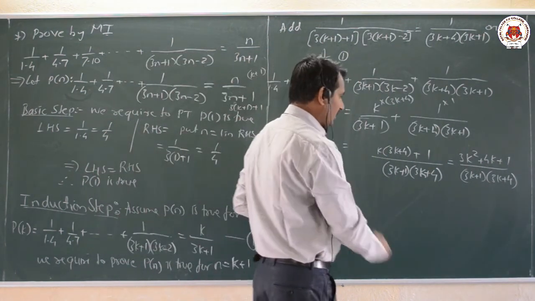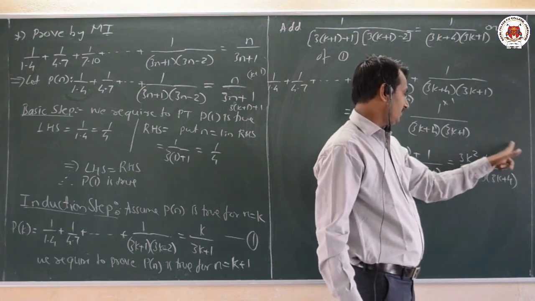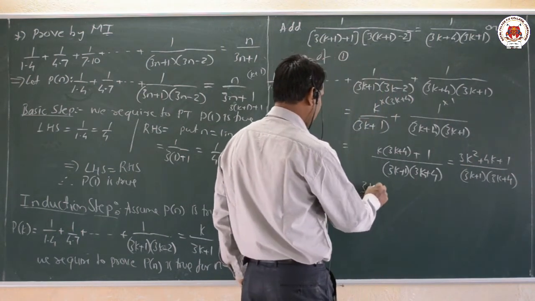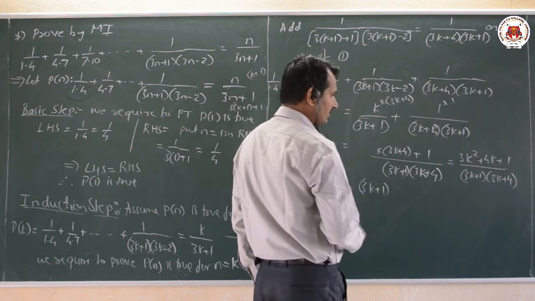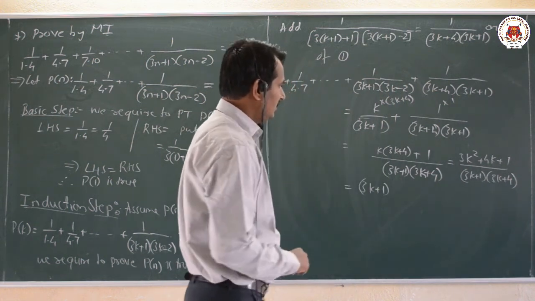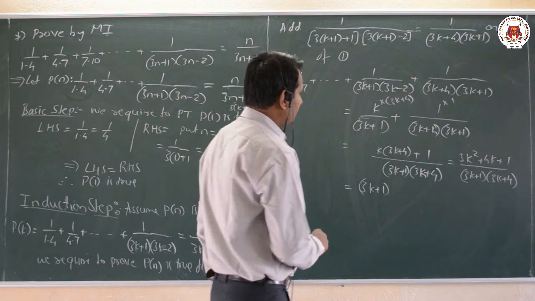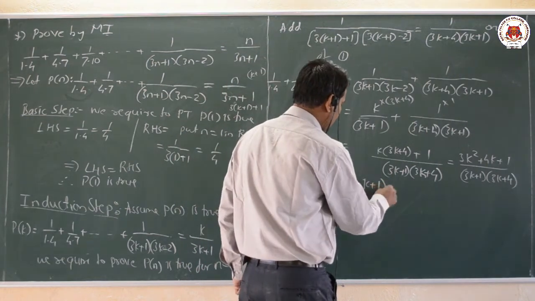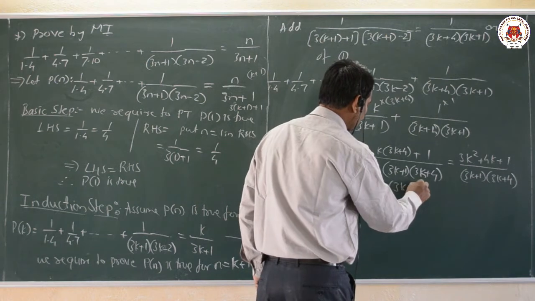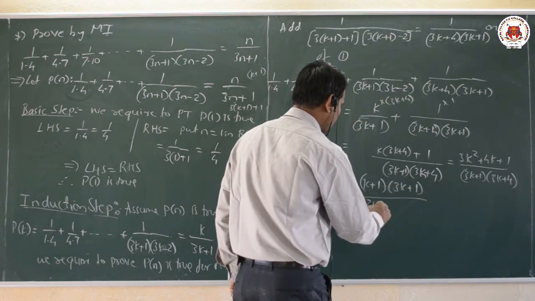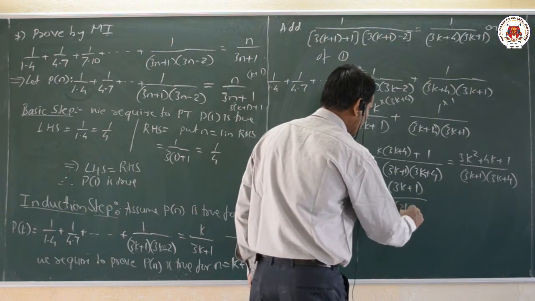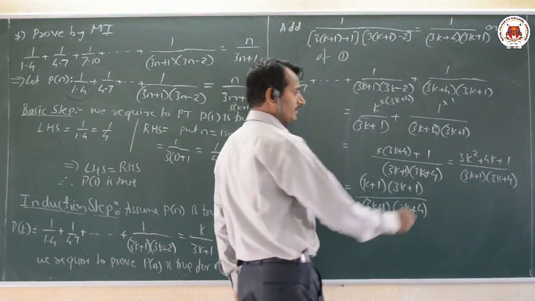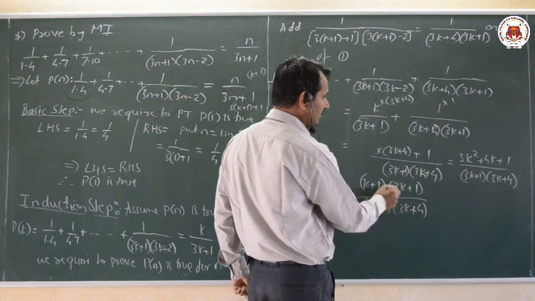Here one can observe that this whole numerator part I can write as (k plus 1) into (3k plus 1), whole divided by (3k plus 1) into (3k plus 4). That means the numerator is written in this particular format.